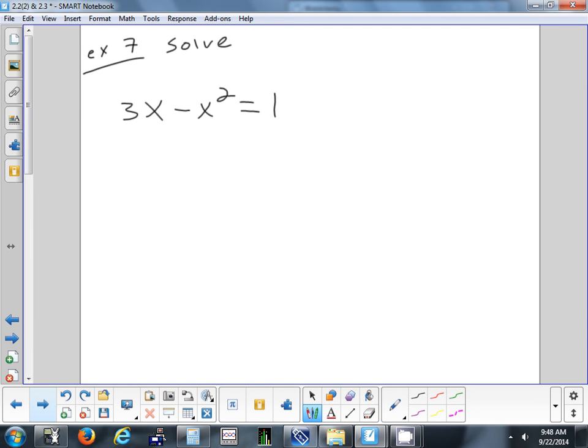You could put negative x squared plus 3x. And that's equal to? It's equal to 1, but you subtract 1 from both sides. Yeah, so it's minus 1 equals 0. Perfect. Now he's got it set up. What's A in this case? Negative 1. Yeah, A would be negative 1, B would be 3, C would be negative 1.